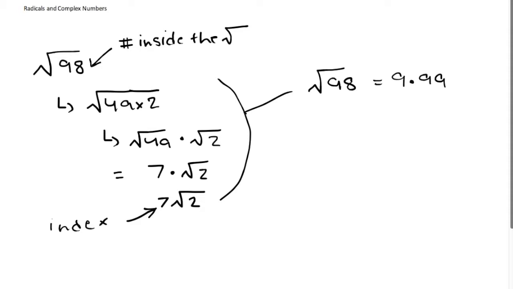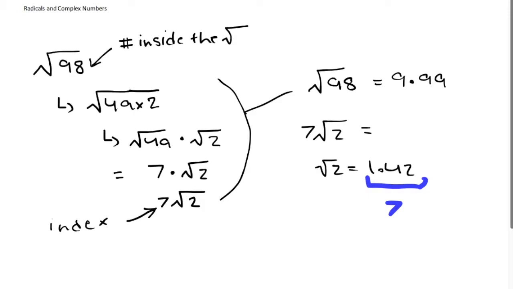Now what 7 times square root of 2 really means is you basically do the square root of 2 first, which is 1.442, let's say, and we have to multiply this by 7. And when we multiply it by 7, sure enough, we get the same answer as square root of 98, and we get 9.99. And this is also approximate.